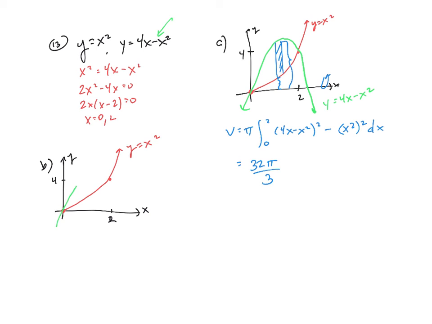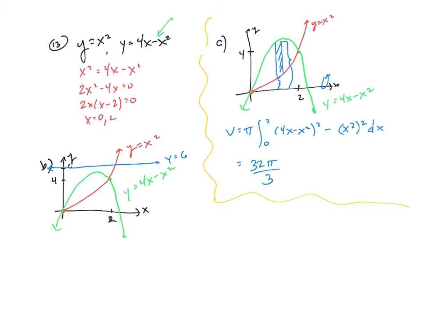Okay, it's slightly better. Part B is telling us to go around the line y equals 6. So that's like all the way up here. Tricky, tricky.